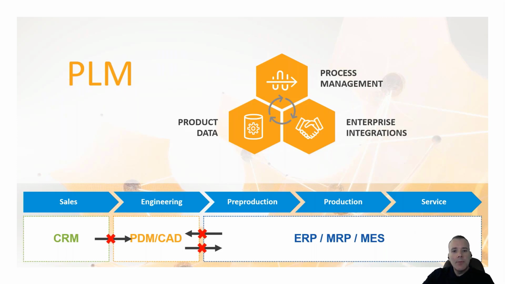And it helps integrate all of these other enterprise softwares, our CRM, our PDM, our ERP, and it gives you a single place to go for information and process management and decision making. So PLM is more of a superset and a collection of information.